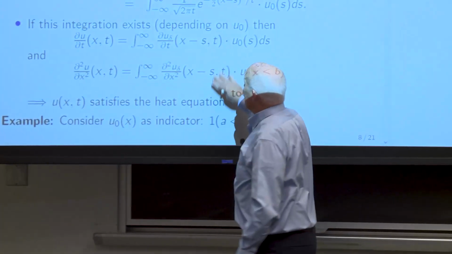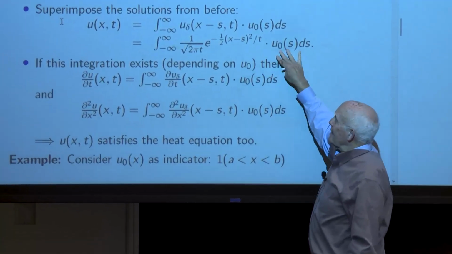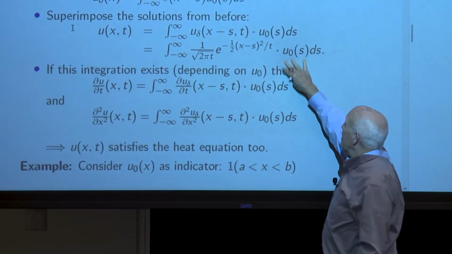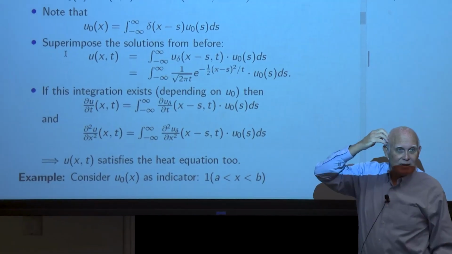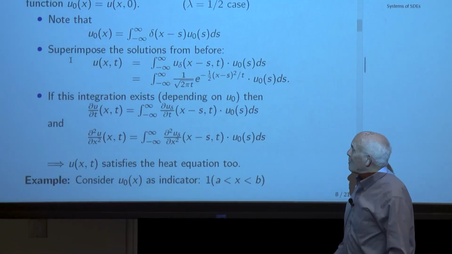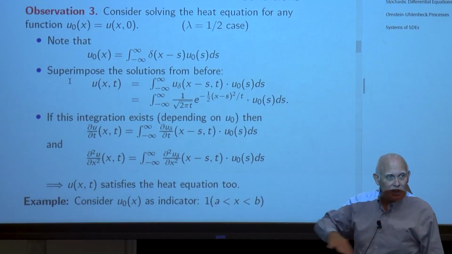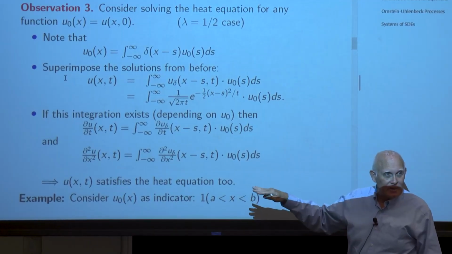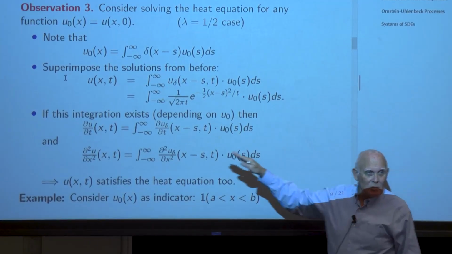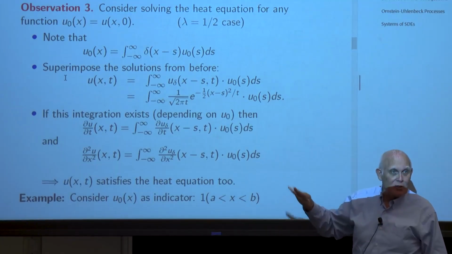Okay, well, u of x, t will exist if u naught is sufficiently smooth. If the initial conditions are sufficiently smooth, then their first and second derivatives are bounded, and so these integrals are bounded and absolutely integrable.